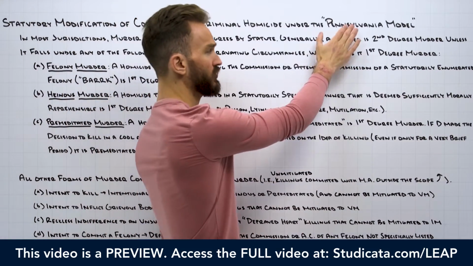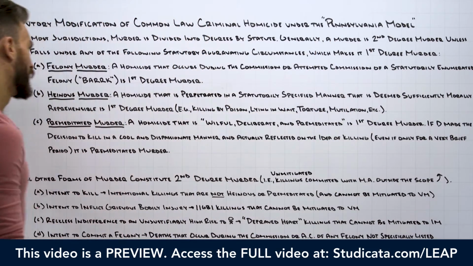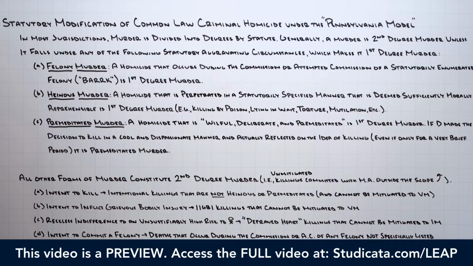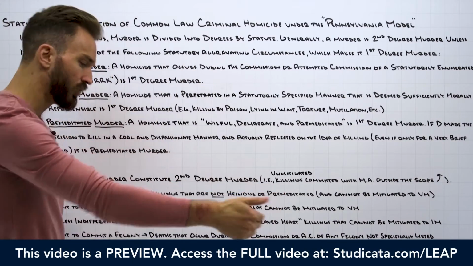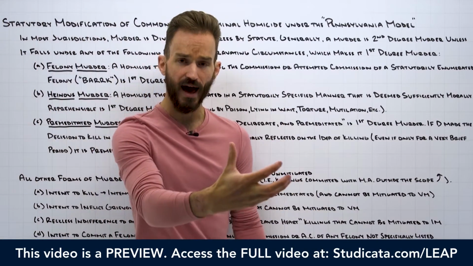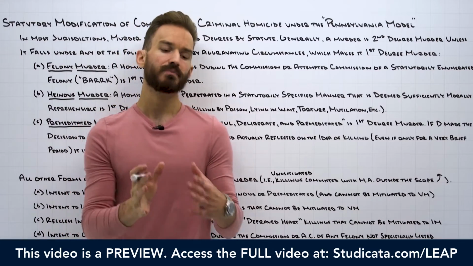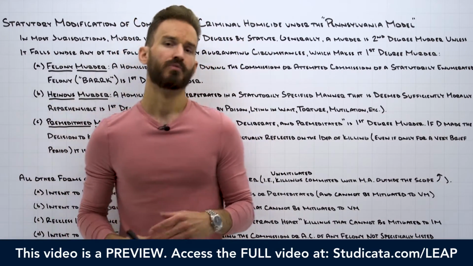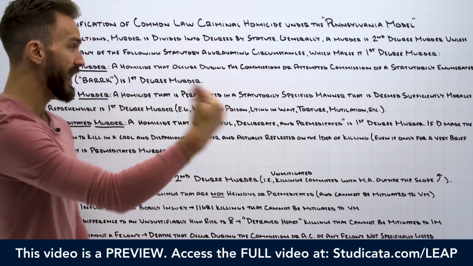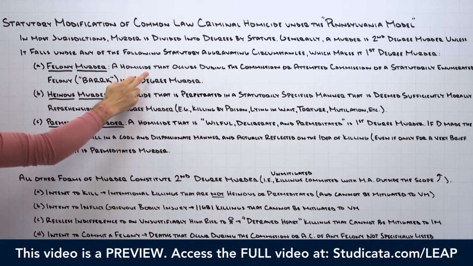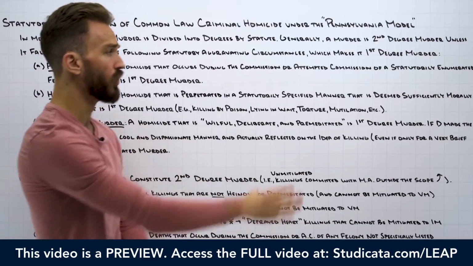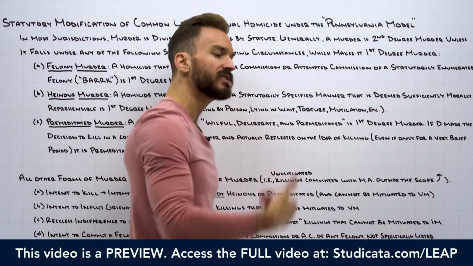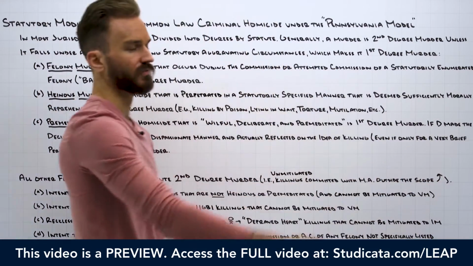second-degree murder statutes under the Pennsylvania model, right, those jurisdictions are going to lay out in the statutory murder law that they have on the books what types of felony murder constitute first-degree murder, right? Their statutory language is going to say a homicide that occurs during the commission or attempted commission of these specific felonies, right?